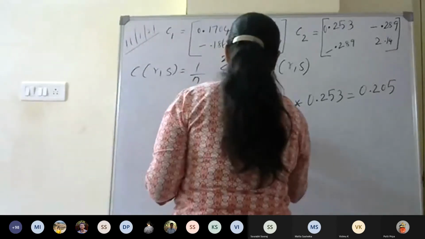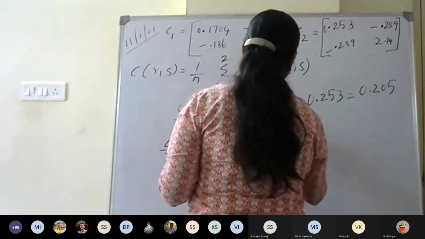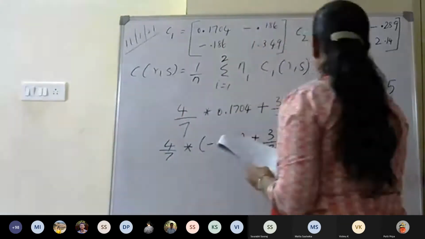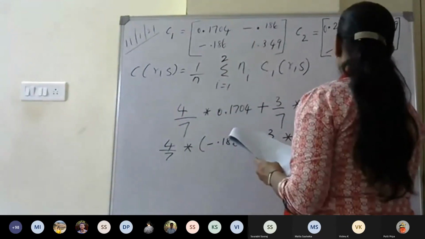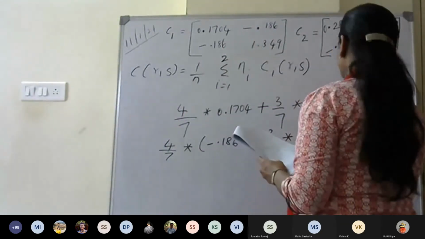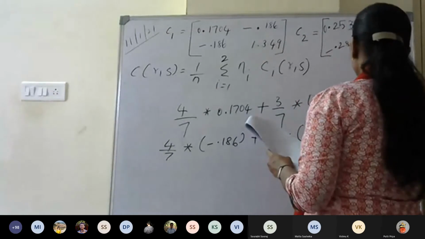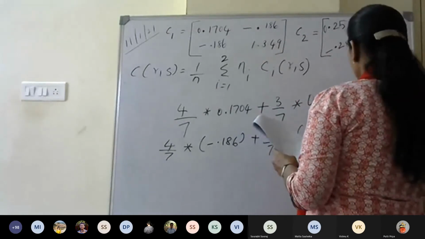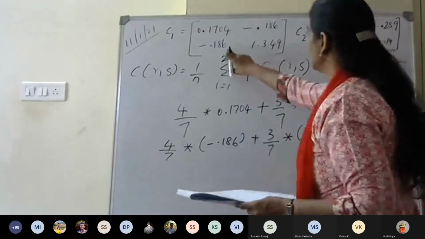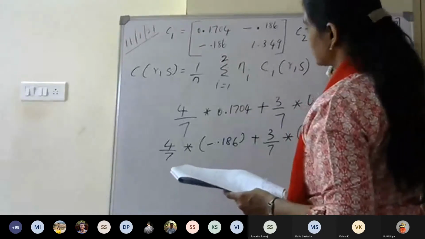plus 3 by 7 into minus 0.289. So this will be minus 0.230, and for the next one also it will be the same.